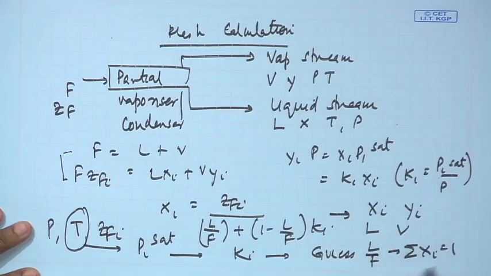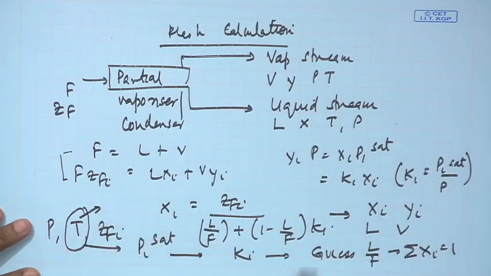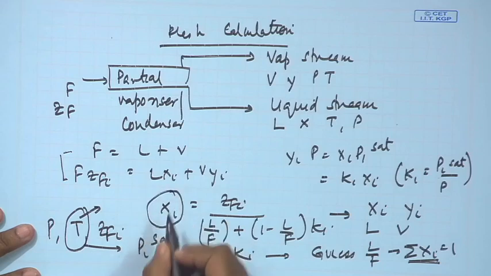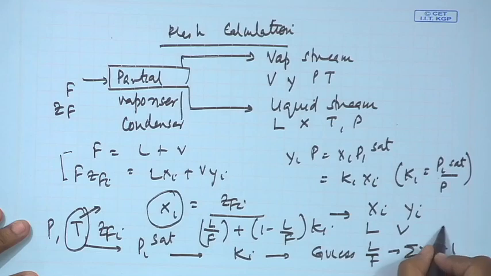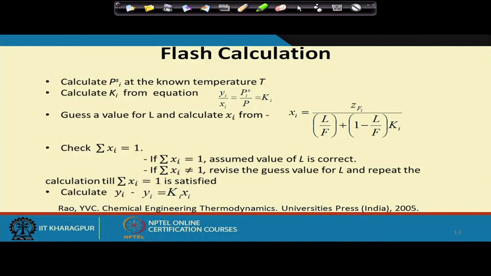If we find it is not equal to 1, then again we start with a different assumed temperature, and continue the process till we get sigma Xi equals 1. If we get sigma Xi equals 1, we know that my guess temperature is correct and I have reached the correct mole fractions in the vapor and liquid phases. Once I have done this, then I find out the Yi's for the individual components. This particular procedure has also been written down here.